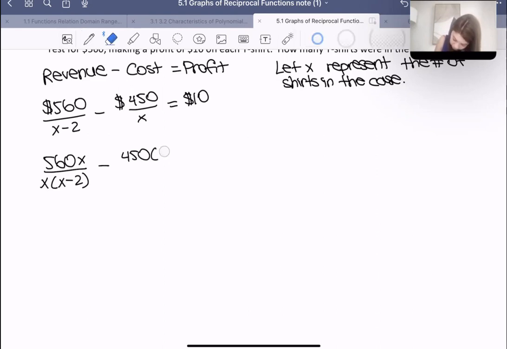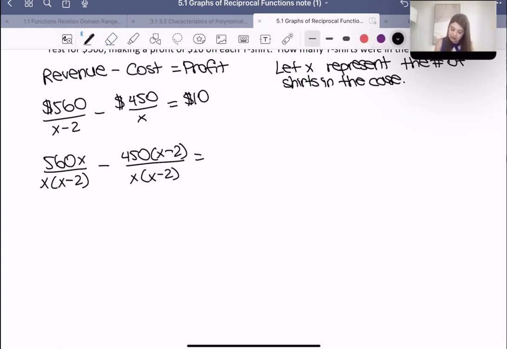Oh, not minus 2, but x minus 2, in order to get the denominators the same. So that's the key, is to get the denominators the same, right? And at the end of the day, this is a technique we learned a very long time ago, probably in elementary school, but we maybe haven't done it with variables as much, right? But just think about, well, how can we make the denominators the same? By multiplying by 1, essentially, multiplying by the same thing over the same thing to just be 1.